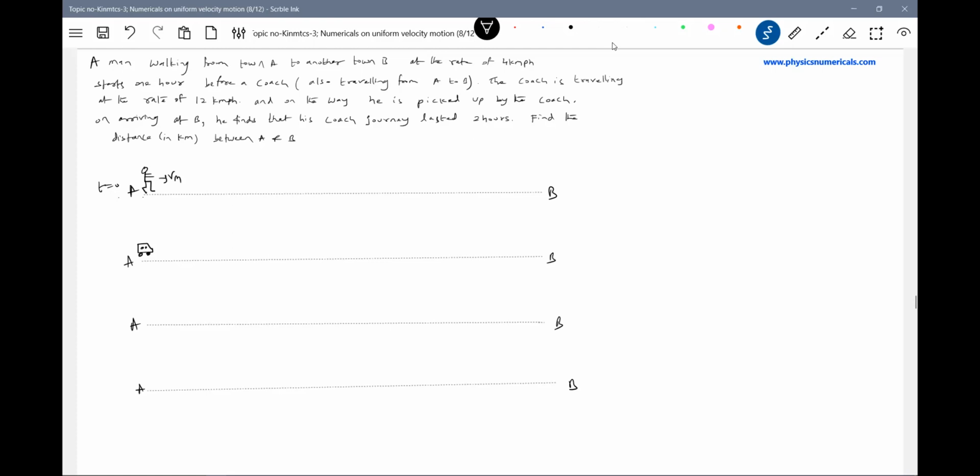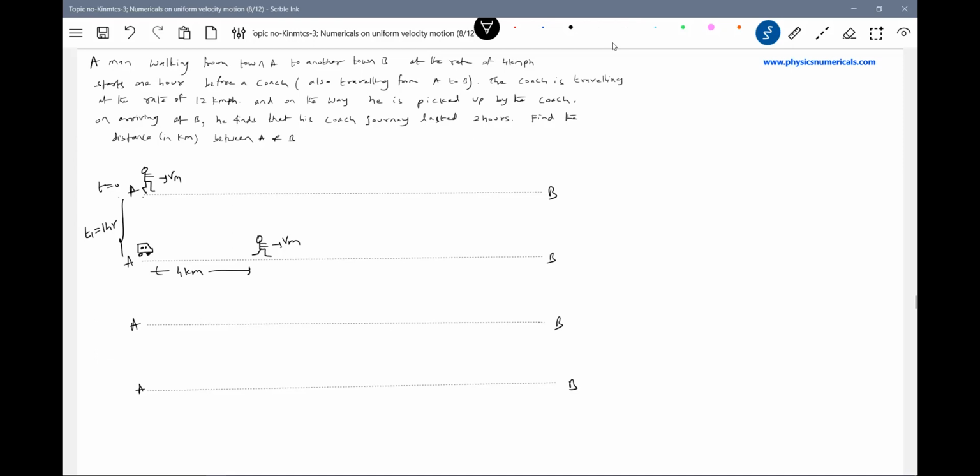There's a coach, and after 1 hour, the coach will start. So there's a time of 1 hour, and in that 1 hour, he will cover some distance. He'll be somewhere here. So how much distance will he move in 1 hour? 4 kilometers.